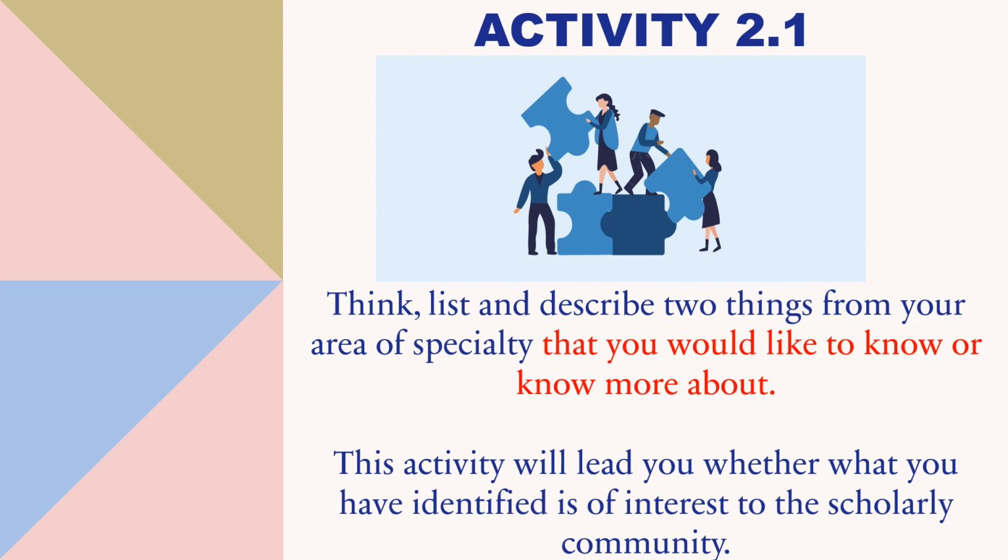Just list. For example, if you are specializing in agribusiness, what are the two things that you'd like to know from that area that you don't know? If your specialty is natural resources management, what is it that you'd like to know? Two things. Just list and describe them.